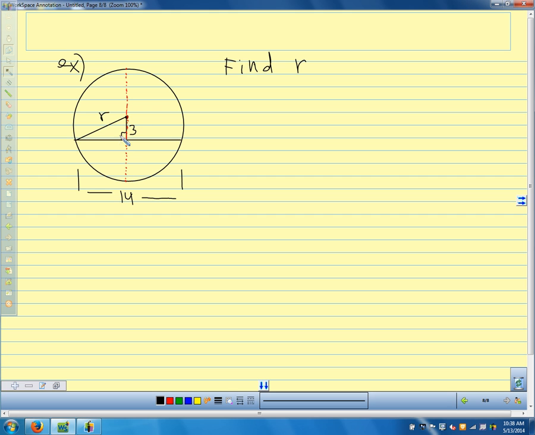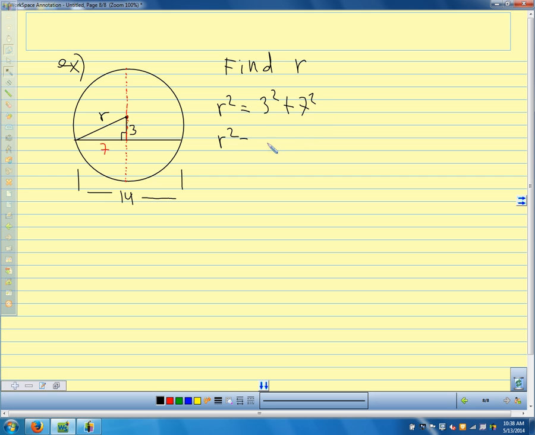What angle is the diameter making with this chord? 90 degrees. What does that tell us it does to the chord? It bisects the chord. So if the entire chord is 14 units long, how long is this piece? 7. So this piece has to be 7 because the diameter is perpendicular to the chord, it's bisecting. Well, now we can use the Pythagorean theorem. We have r squared, that's the hypotenuse, equals 3 squared plus 7 squared.